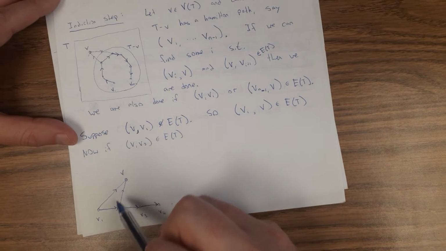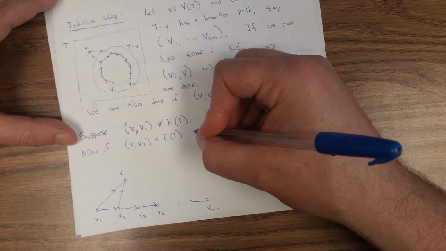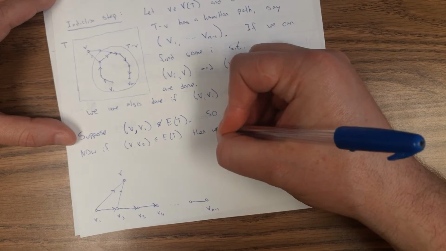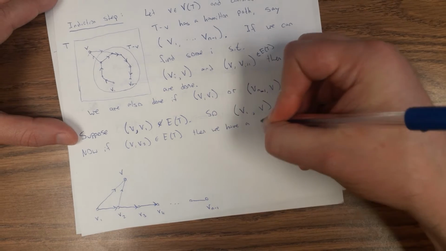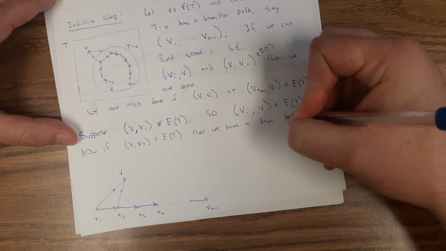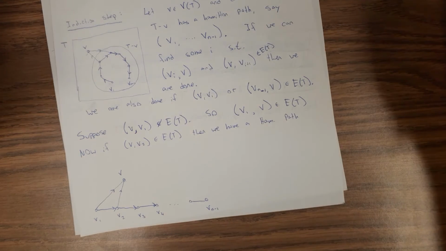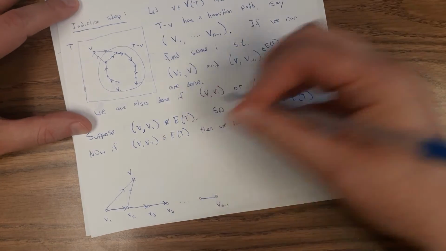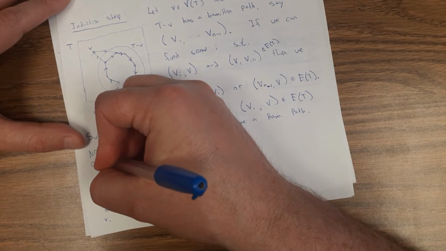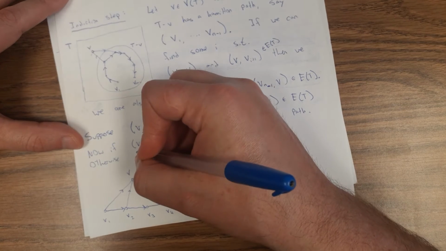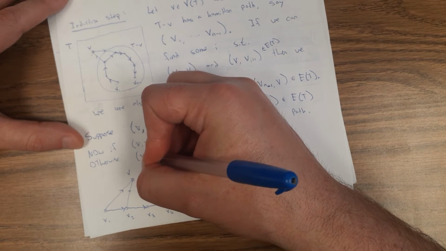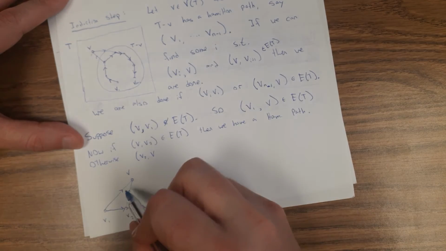So what am I trying to say here more formally in the proof? Now if v to v2 was an edge, then we have our Hamilton path. Otherwise, it must look like what I drew.